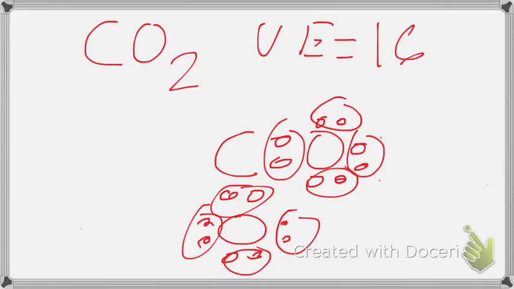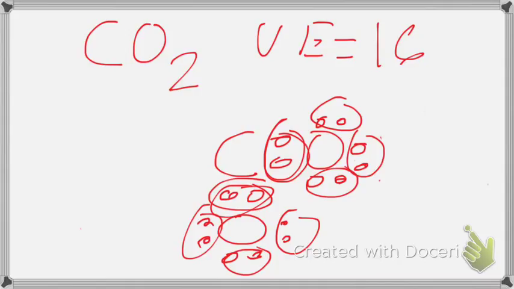So let's see about the carbon though. Carbon has 2, 4. Carbon's missing 4 electrons. Carbon is in trouble here. It does not have enough electrons to complete its valence shell, and there's no more to take or to use. We've used up all the possible valence electrons.